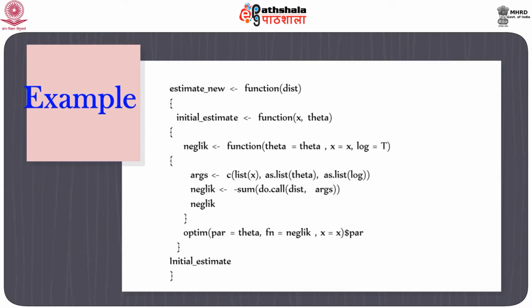The function initial_estimate can be used as a generator of maximum likelihood estimation functions for any distribution as long as its corresponding ddist function exists in R. So, it has to be there in R. Whenever we have the function estimate_new, we can use it to define any maximum likelihood estimation function whenever its density function is defined. So, this is the condition.